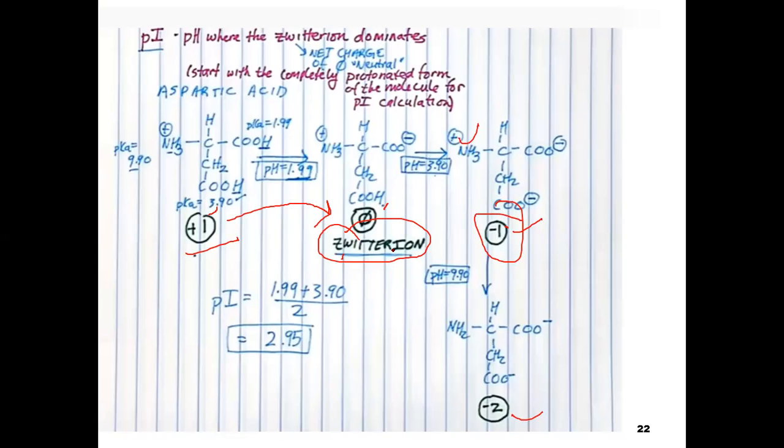If you look at the net charge, the zwitterions are being formed between the pK1 and the release of the ionizable alkyl group. Again, I'm saying that first, say for example, this proton is being released.